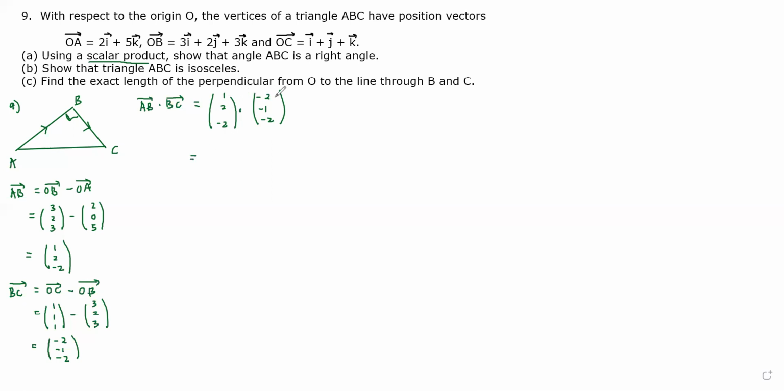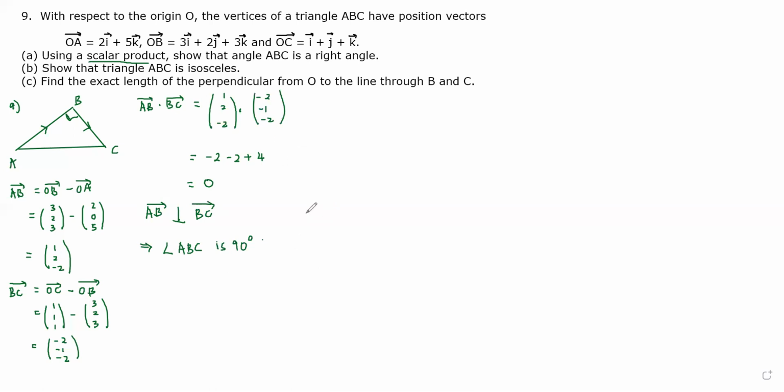So 1 times negative 2 is negative 2. 2 times negative 1 is negative 2. Minus 2 minus 2 will be a positive 4. And the scalar product of vector AB and vector BC is 0. This implies that vector AB is perpendicular to vector BC, which indicates that angle ABC is 90 degrees, which is a right angle.